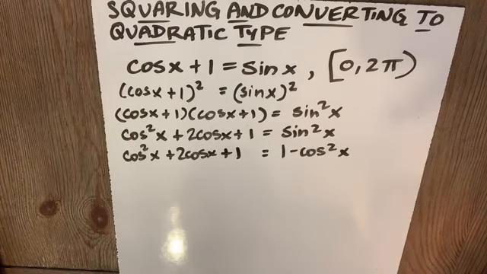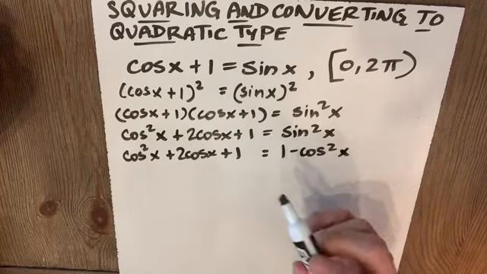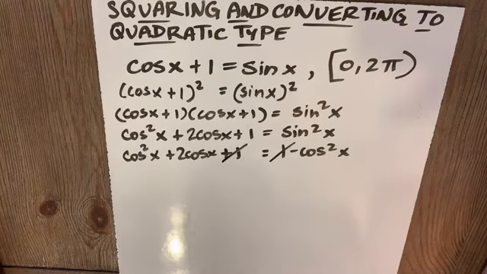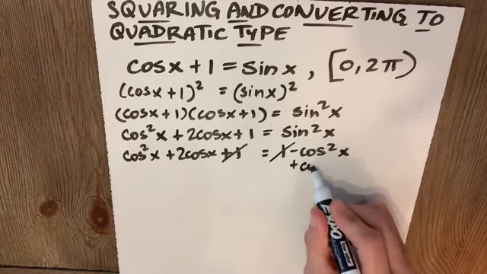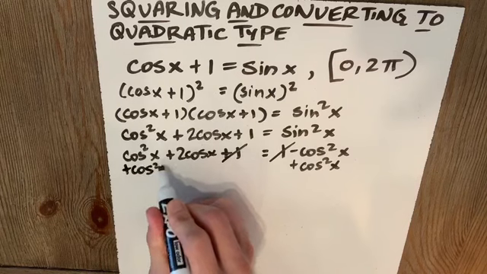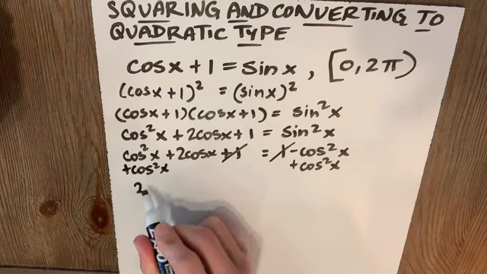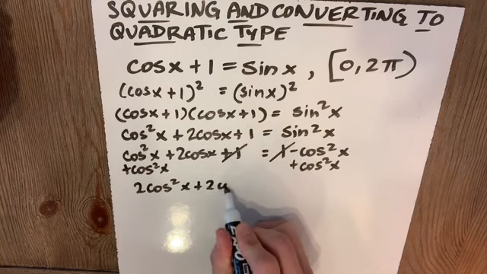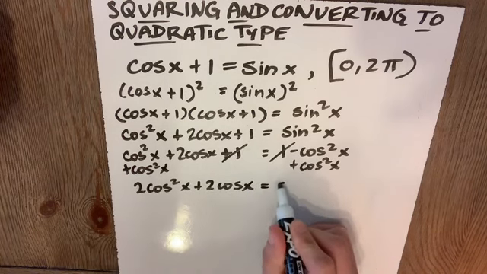And so now I can start to simplify. Plus 1 and plus 1, if I subtract 1 from each side, those will cancel. If I add cosine squared x to both sides, I'm going to be left with 2 cosine squared x plus 2 cosine x equals 0.